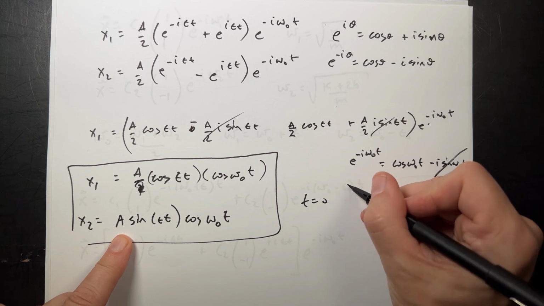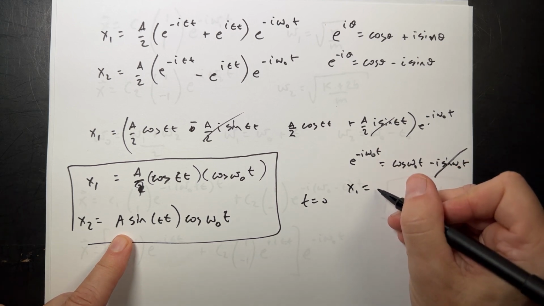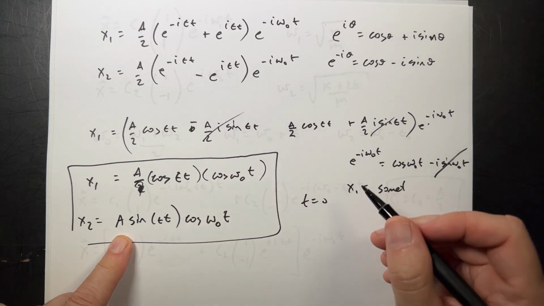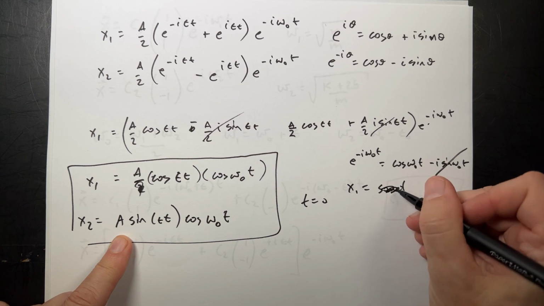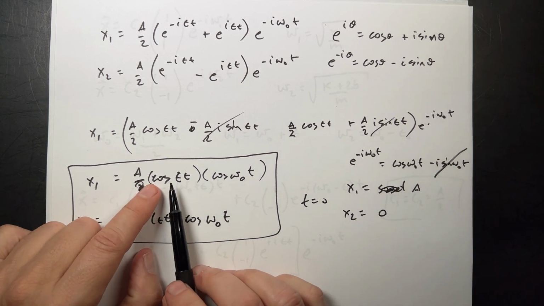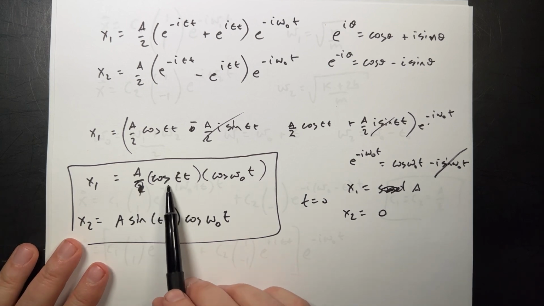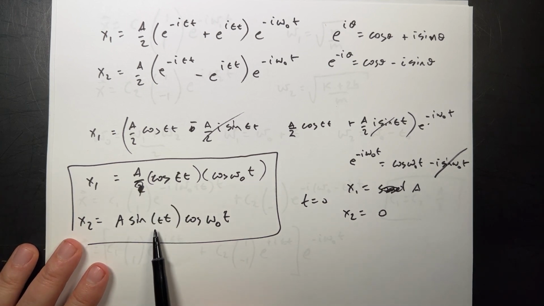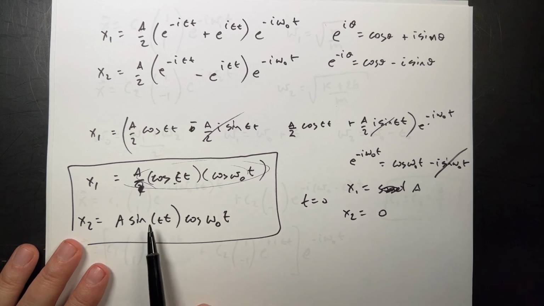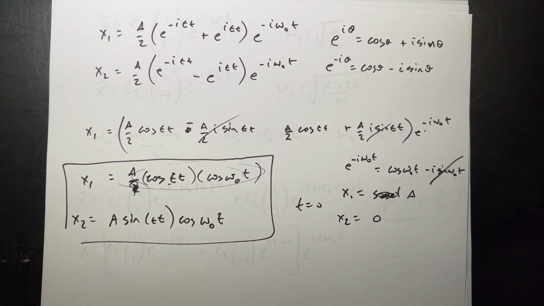So at t equals 0, x1 is going to be equal to, cosine of 0 is 1, so this is going to be A. And x2 is 0. But then as time goes on, this term's going to go to 0, and that term's going to go to 1. So I will get this stopping, because it's going to be multiplied by 0, and that one's going to oscillate.